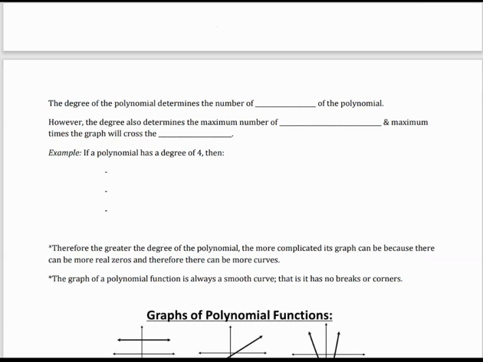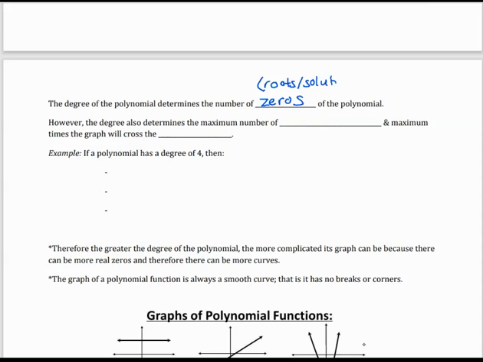Now, the degree of the polynomial is super helpful because it not only tells us about the graph, but it also determines the number of zeros of the polynomial. Remember, zeros also means roots, or solutions. It's telling us if the degree is 4, I will have 4 zeros. Now those zeros, though, could be imaginary.